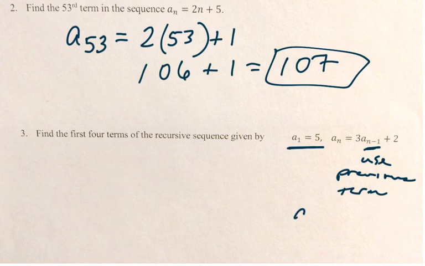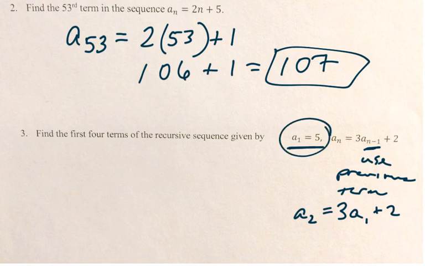So if I'm looking for a sub 2, that's going to be 3 times a sub 2 minus 1. Well, 2 minus 1 is 1, the term right before it, plus 2. But we know what a sub 1 is. A sub 1 is 5. So we're going to do 3 times 5 plus 2, and that gives us our a sub 2.